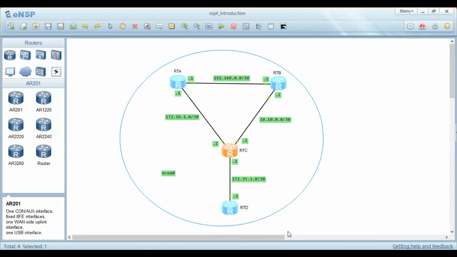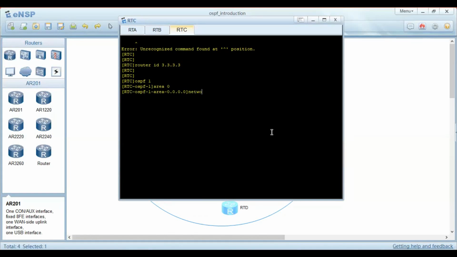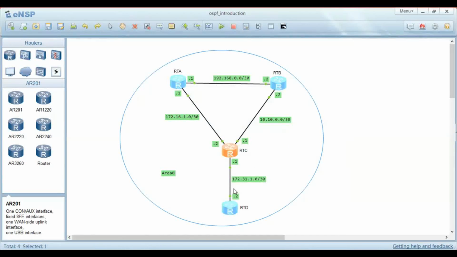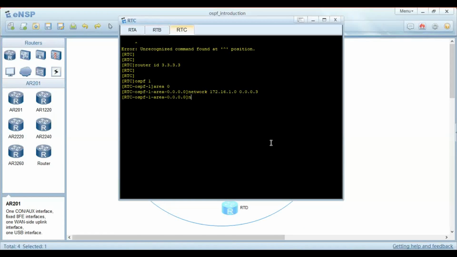So we start with this network. We say network 172.16.1.0 with wildcard mask 0.0.0.3. And then for this network, 172.31.1.0.